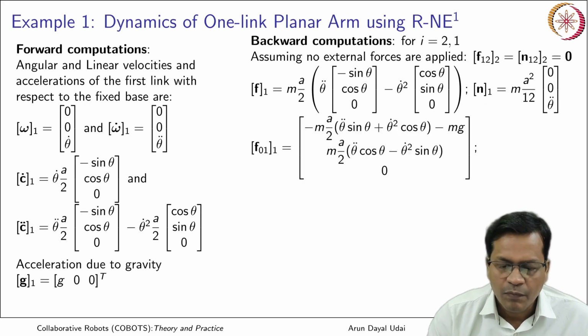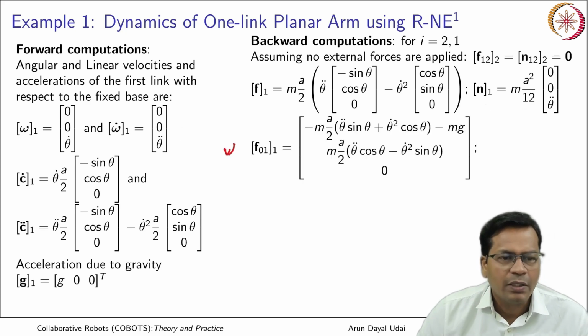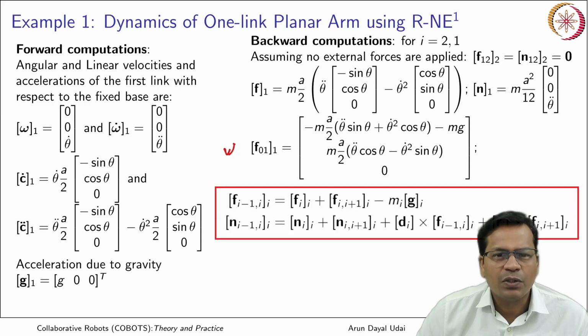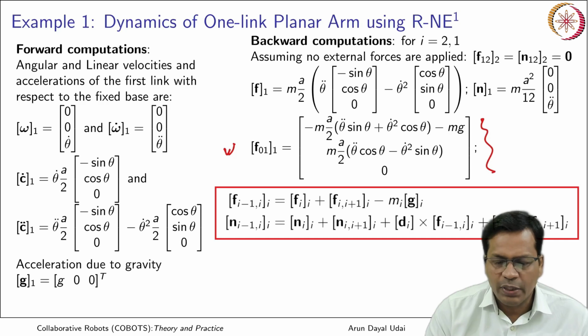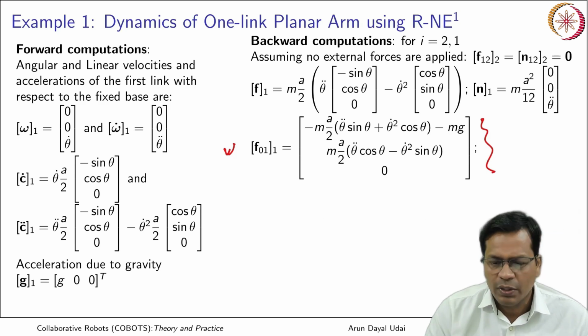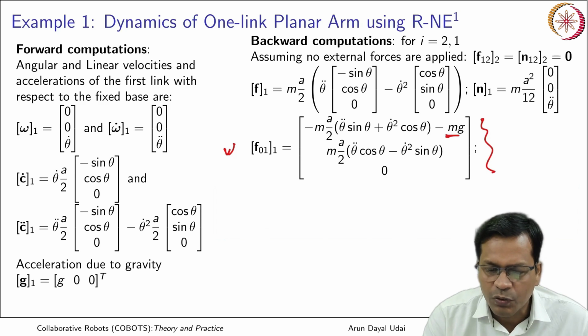When you express that in the first link frame, following the recursive backward formulation, you have to do this. In this equation you can see the forces related with mg also along the ith link frame, so that makes it mg over here.